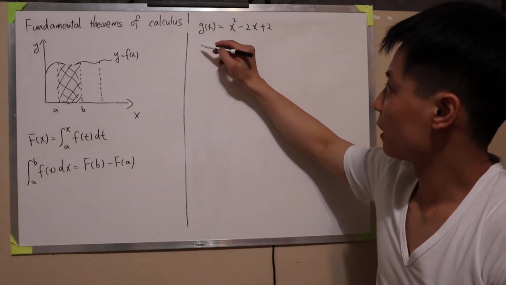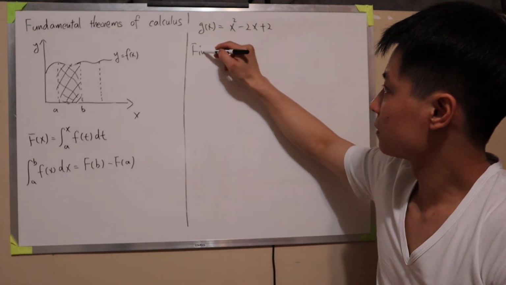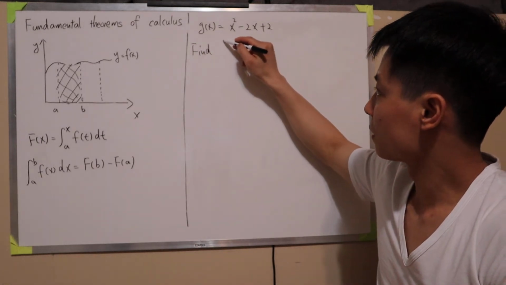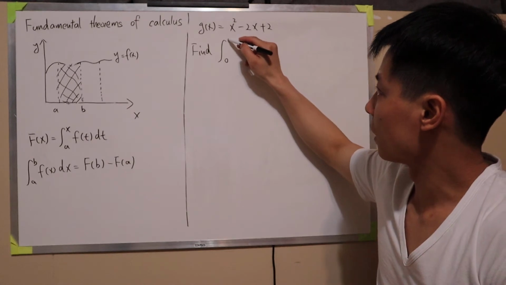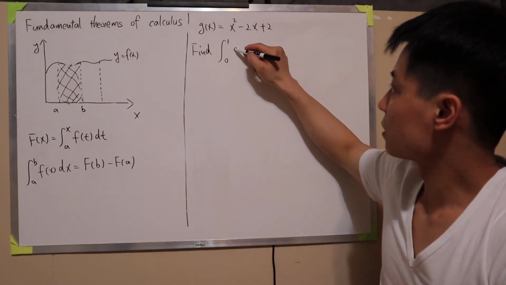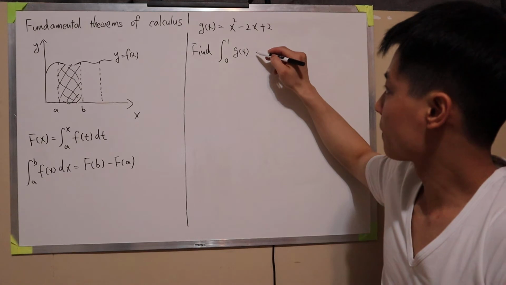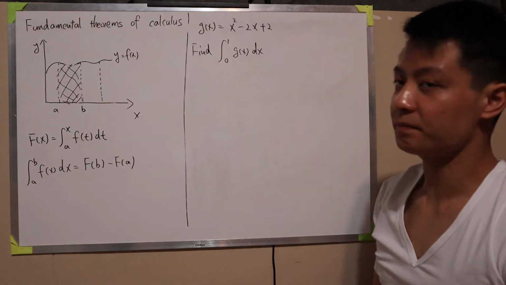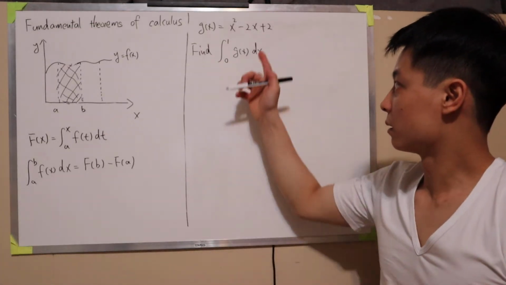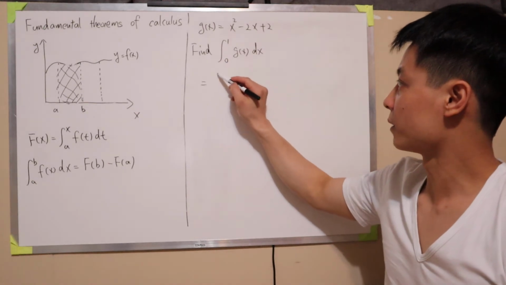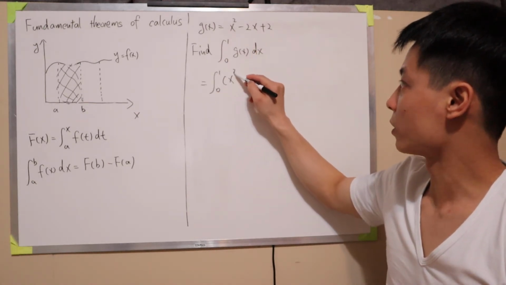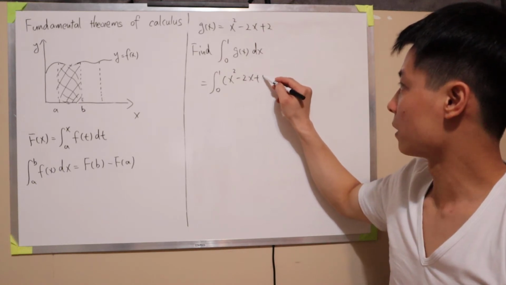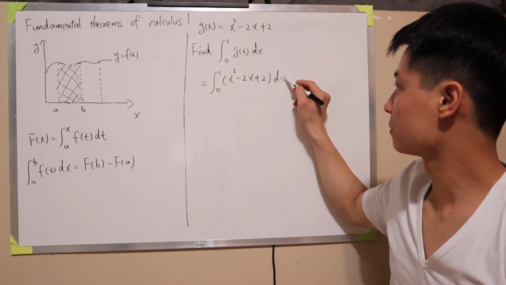And then we're gonna find this from 0 to maybe 1 of g(x) dx. So just plug in, right? 0 to 1. Plug in here. x squared minus 2x plus 2 dx.